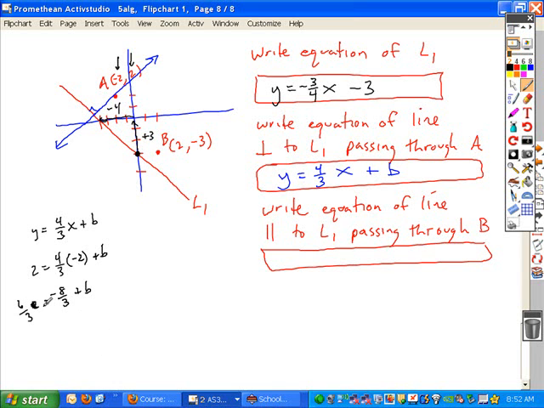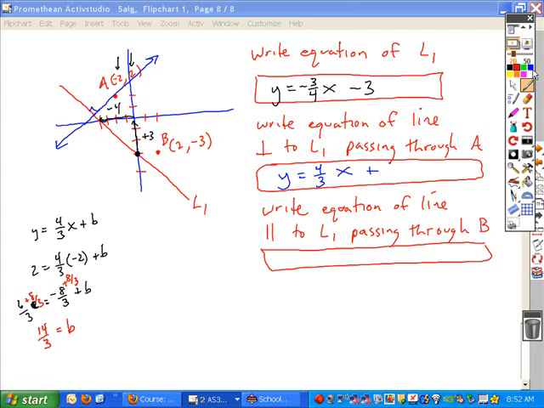So 6/3 plus 8/3 gives you a total of 14/3. And you can just leave it as an improper fraction. You don't have to mix it, but you wind up with your y-intercept.